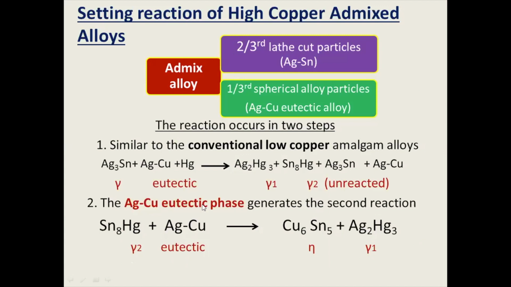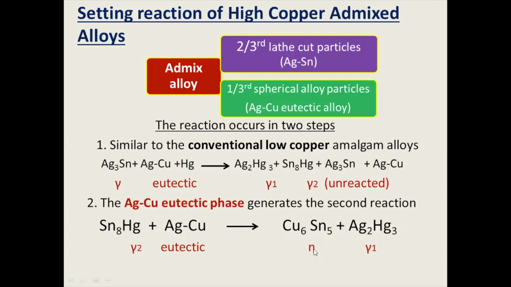So the second reaction is: the gamma 2 phase, tin mercury, reacts with the eutectic phase and there is a formation of the eta phase. The gamma 2 phase gets eliminated and in addition there is a formation of silver mercury, the gamma 1 phase. These eta phases are formed as a halo around the unreacted silver copper eutectic alloy; the copper tin eta phase is formed as a ring around the unreacted silver copper.